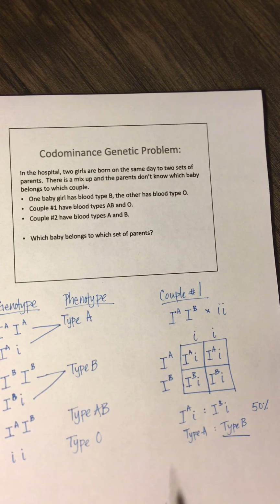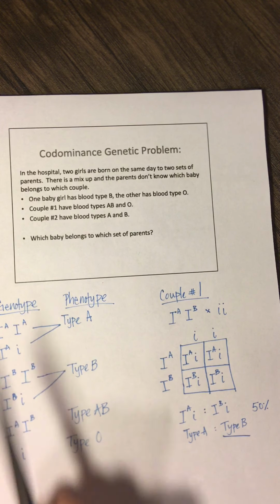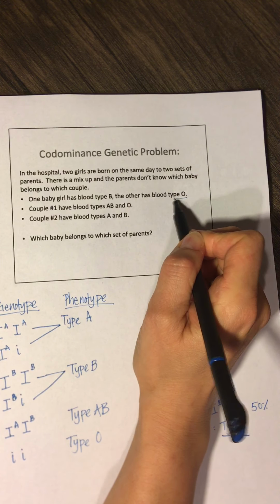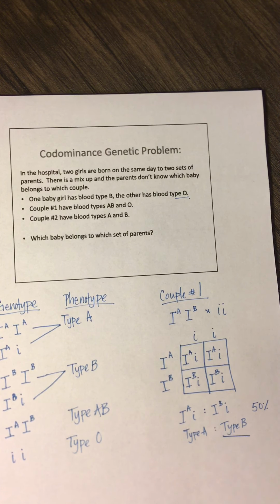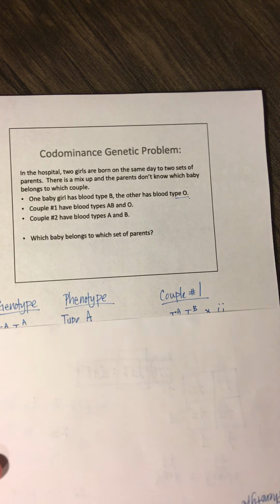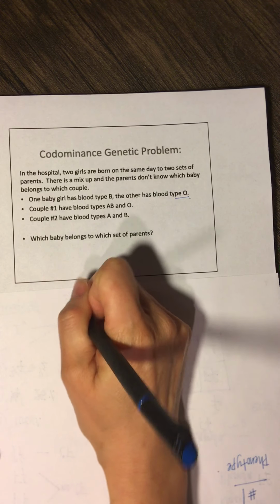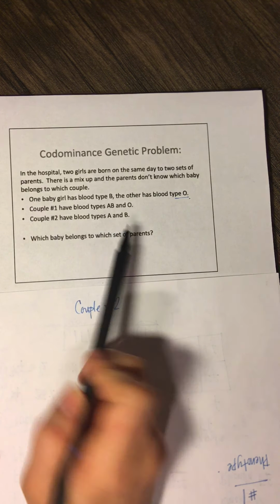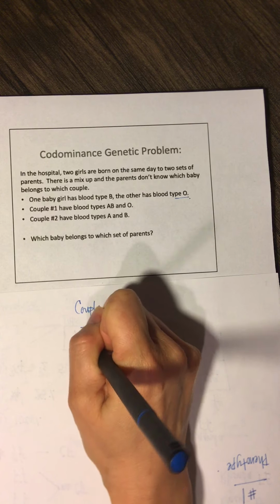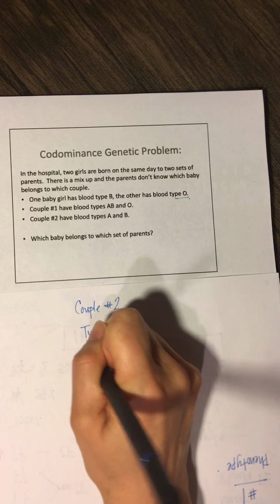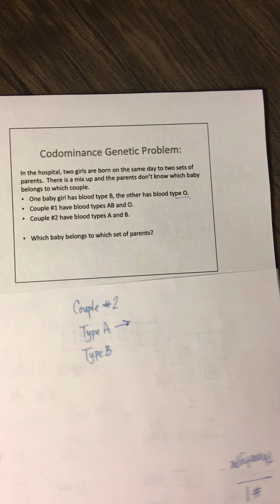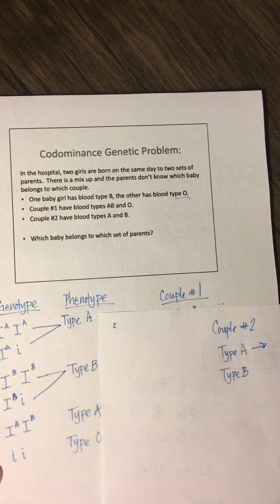Now, just to continue this example, I will work the Punnett square for couple number 2 just to double check that couple number 2 can produce a child with type O blood. So for couple number 2, and I'm going to switch to a new sheet of paper here, the blood types are type A and type B. And again, those are the phenotypes. And the corresponding genotypes, we can refer back to the list.